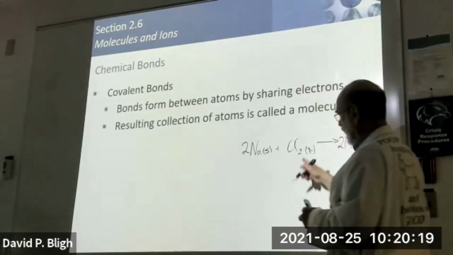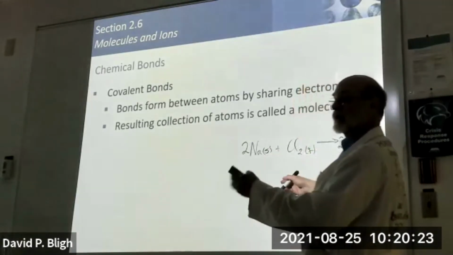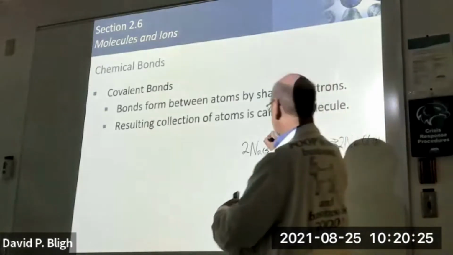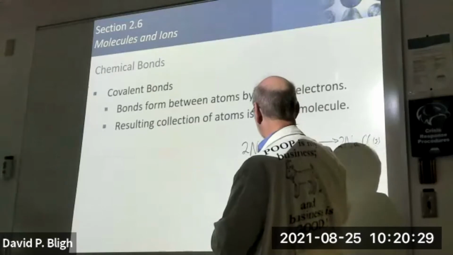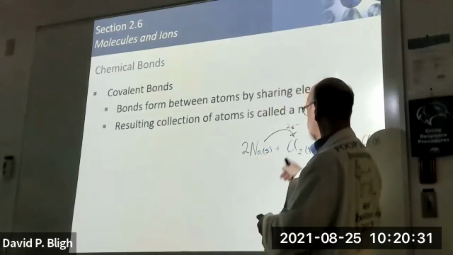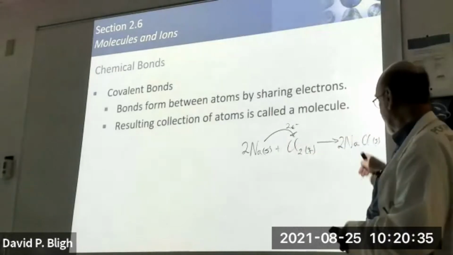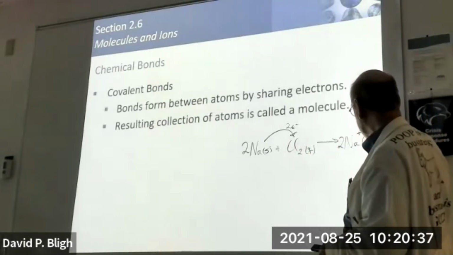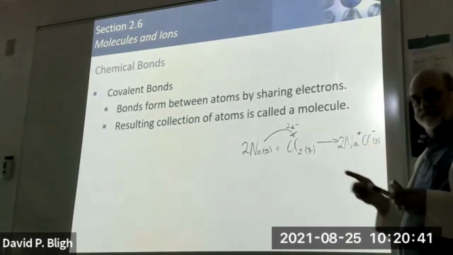Now, what happens? Well, sodium likes to give up its electrons, and chlorine likes to accept them. So we transfer electrons over here. Actually, we transfer 2 electrons, one from each of these sodiums, and each chlorine accepts the electrons. Now we have this one is a positive charge and that was a negative charge. That's an ionic compound. Okay.